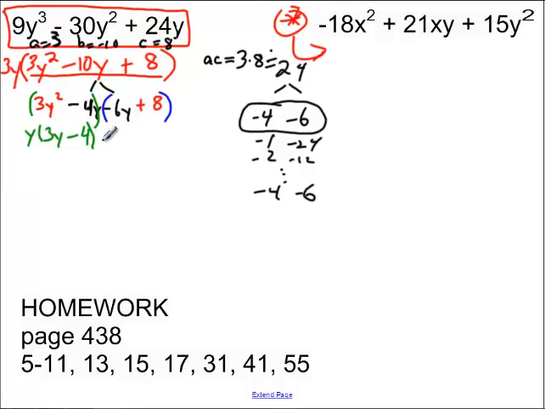I'm going to factor out a negative 2, because 2 is common between these two, but I'm going to try and factor out a negative 2, because that will make my leading term inside the parentheses positive, which is what we're trying to match over here. Negative 6y divided by negative 2 is 3y, and sure enough that matches over there. Plus 8 divided by negative 2 is negative 4, and that matches.